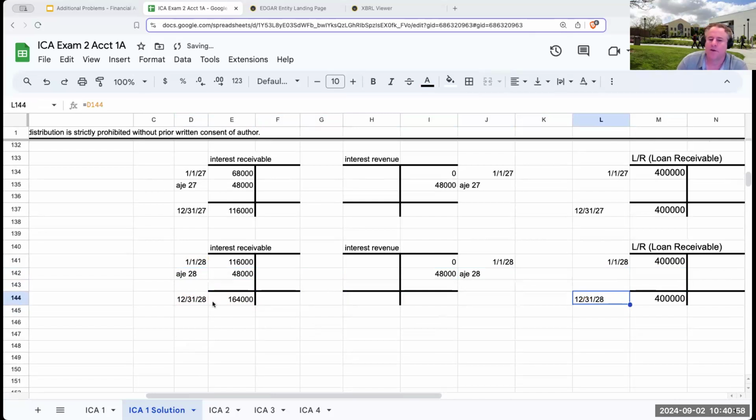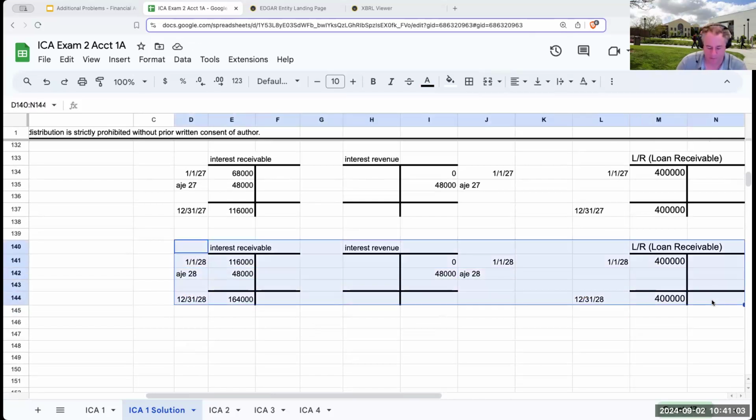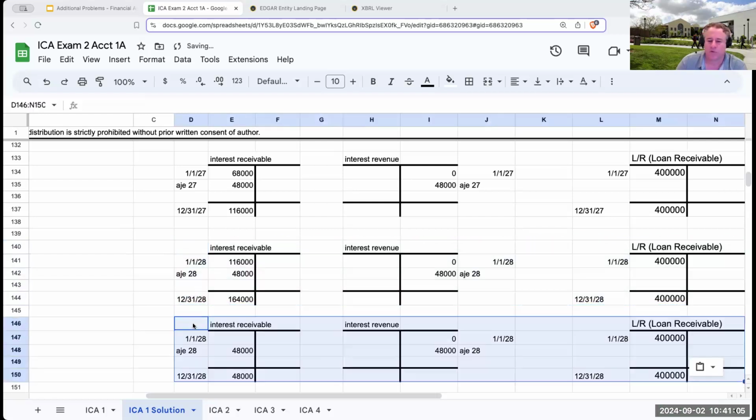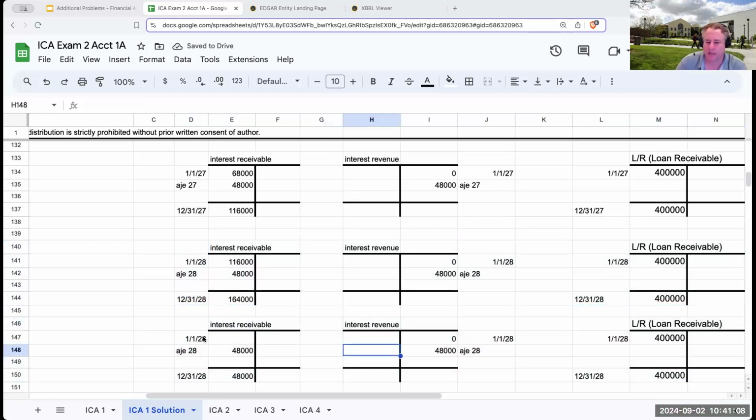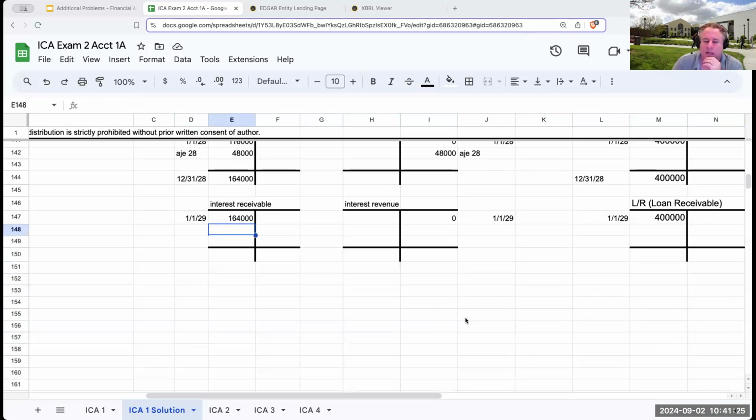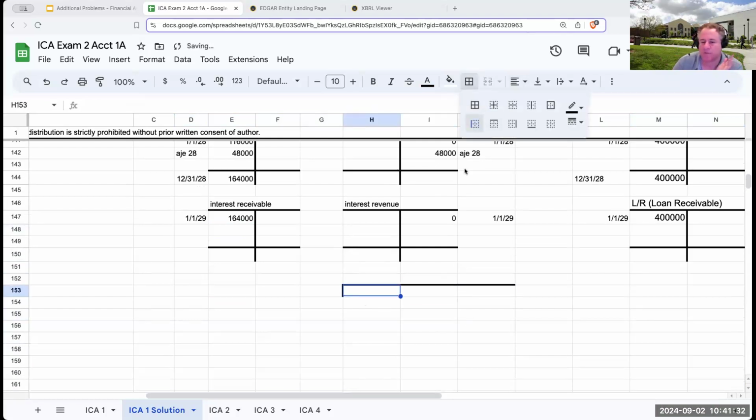Now, when we get to this next period of time, this is when the loan is going to be repaid. So 1/1/29. The amount that is due on the loan is 164,000. So in 2029, I'm sitting right here in the month I'm sitting in right now.